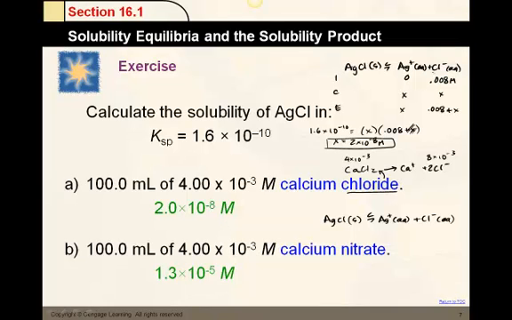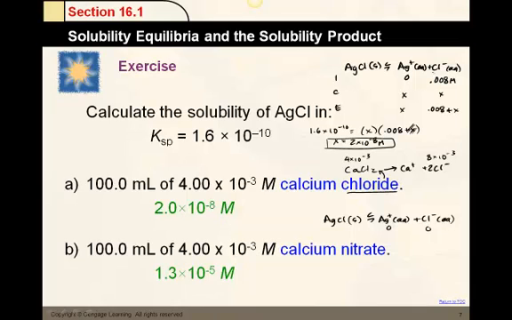We can see that there's virtually no silver in the beginning, and there is no chlorine in the beginning. So what is the solubility of AgCl?